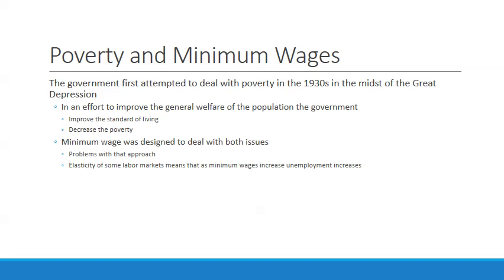Because literally anyone has the skills to work in these types of jobs, the supply is massive, and so the demand is very elastic. And so when minimum wages increase, the unemployment rates increase along with it. So automatically, every time you raise minimum wage, you're increasing the number of people who can't find a job. And plus, minimum wages are not necessarily living wages.